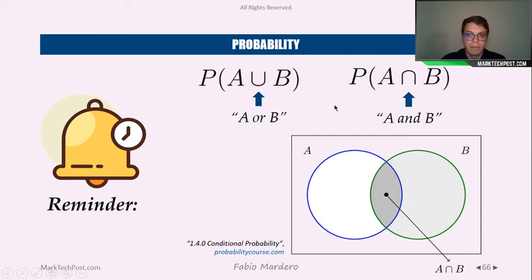It's the same in the intersection between A and B: it means that the two events must be realized at the same time. We are in the intersection here between the two sets.